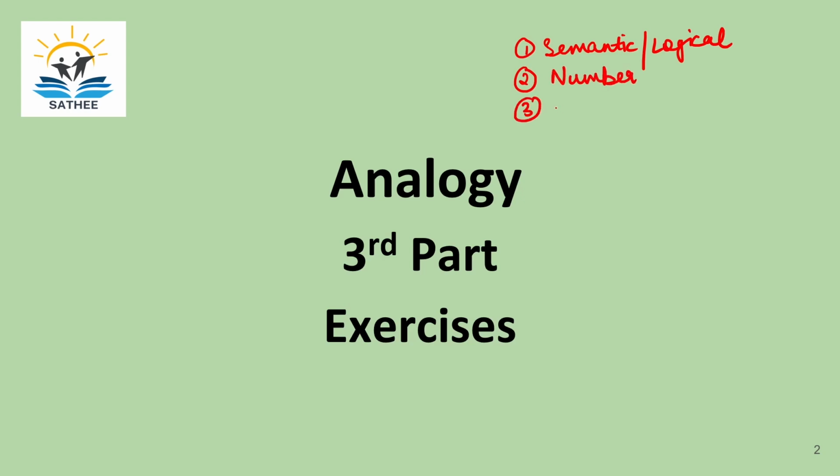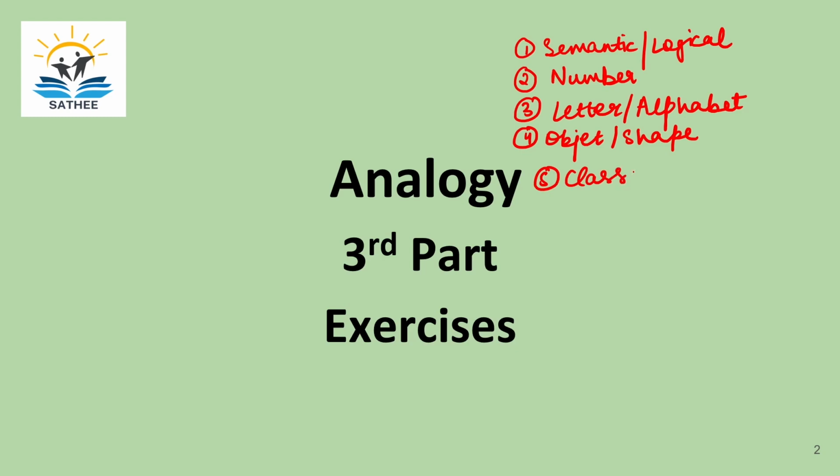Then we discussed letter or alphabet analogy. Then object or shape analogy. Then classification or group or category analogy. And then we also discussed function analogy. So these were the six types of questions that can be formed from analogy.